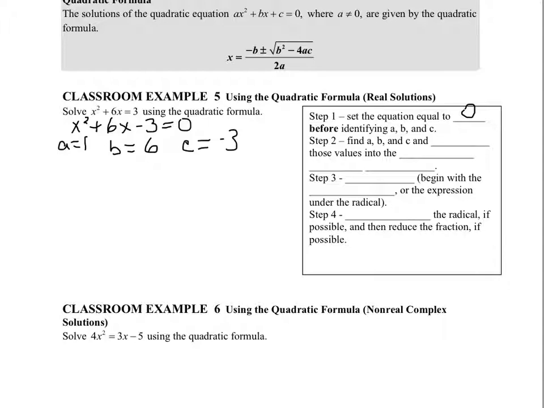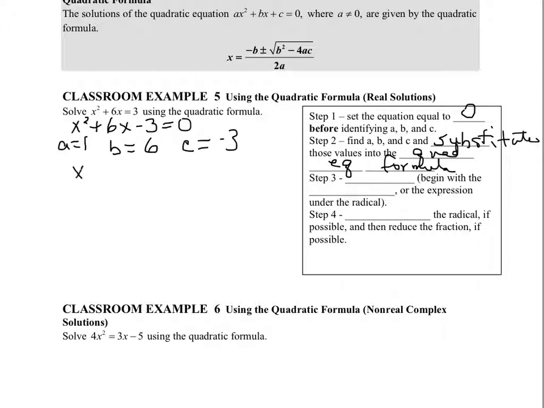So we're going to find A, B, and C, which we just did, and we will substitute those values into the quadratic equation formula, which means we need to write down the formula.